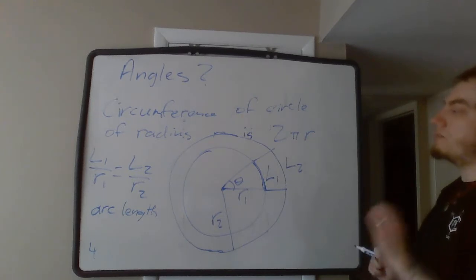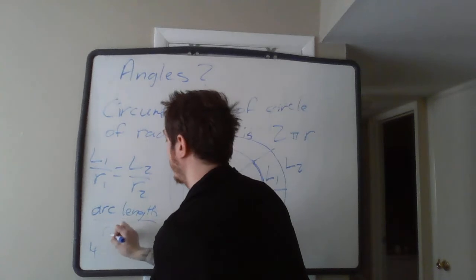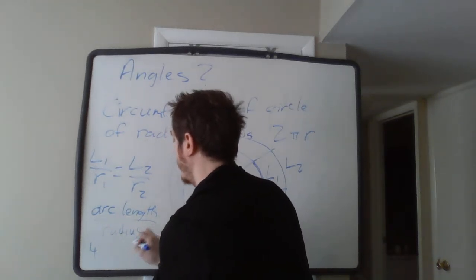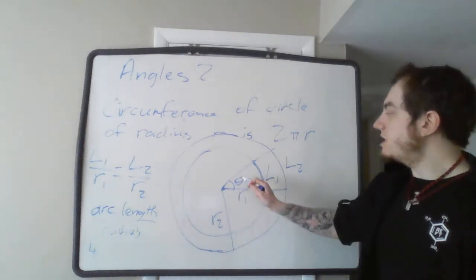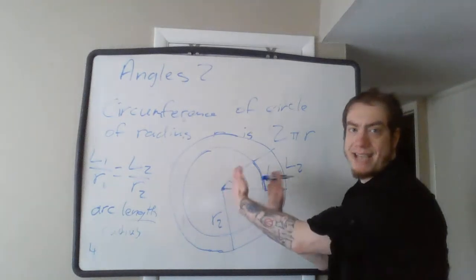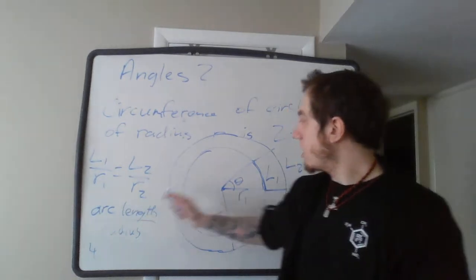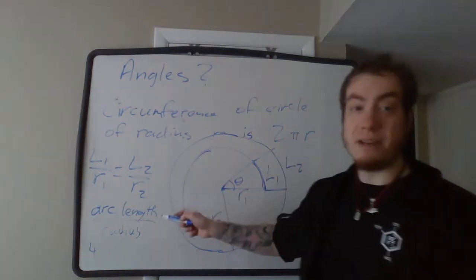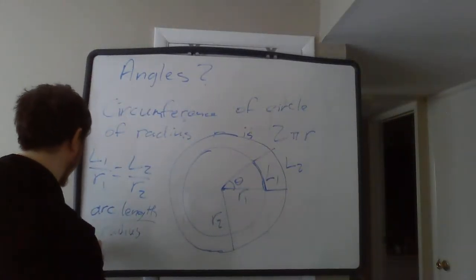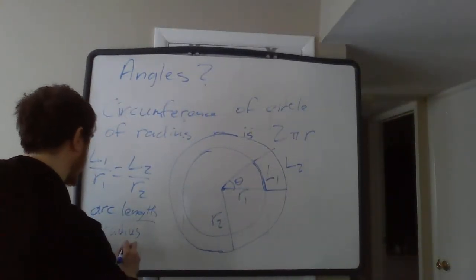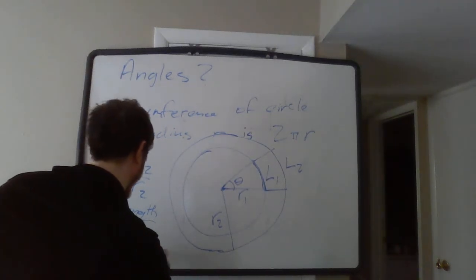The ratio of the arc length divided by the radius is actually a constant that only depends upon how big this angle is. And this number, the arc length divided by the radius, is the measurement of theta in a kind of units which we call radians.